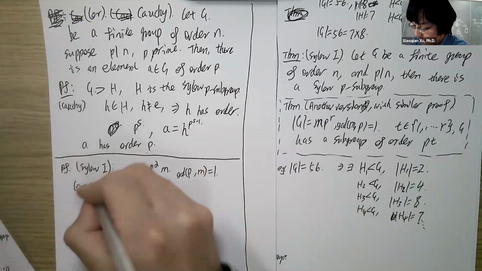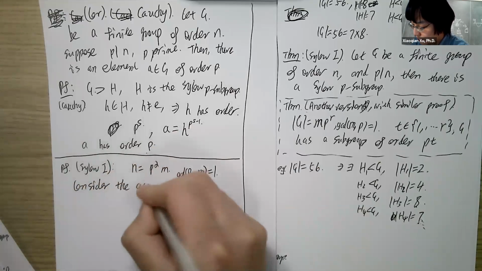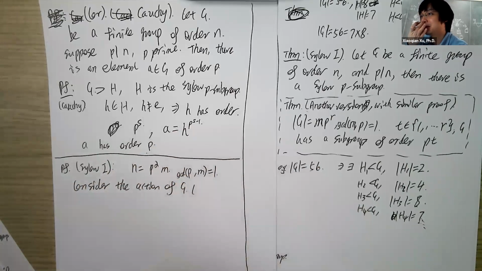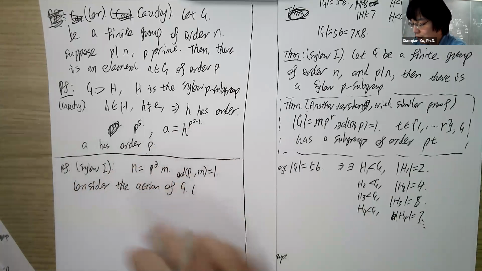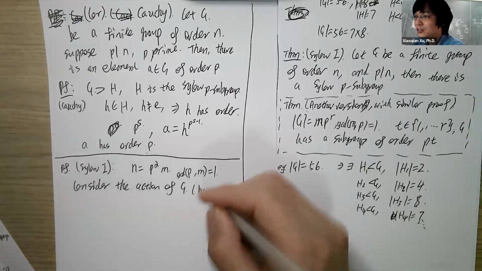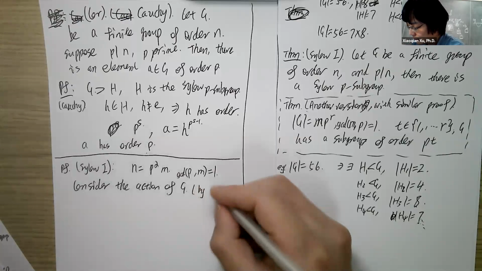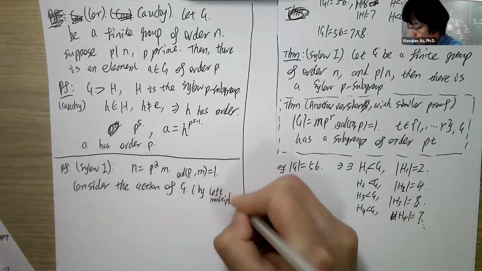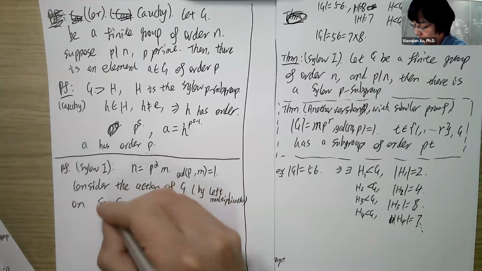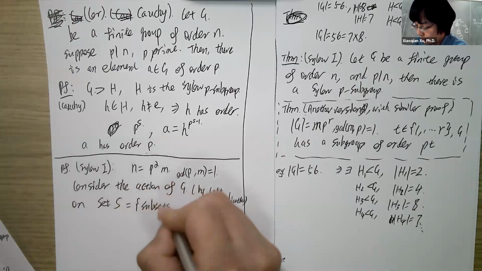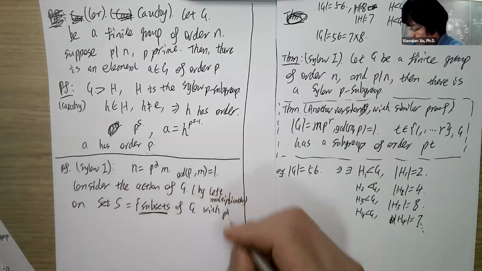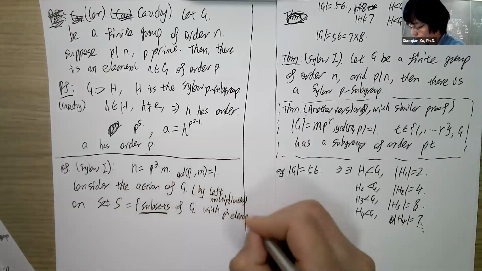Let's consider the action of G. By action, we mean we use G acting on some set, naturally by left multiplication, on the set S, which is all the subsets of G with p to the power alpha elements.